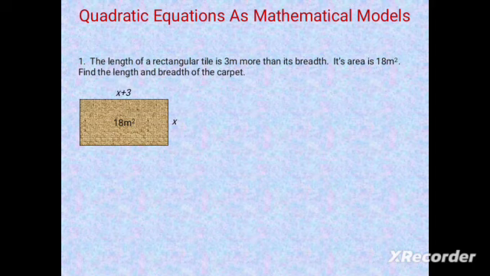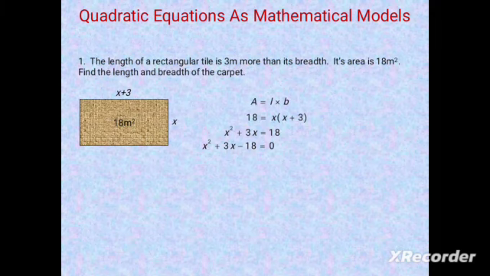If you simplify that out, you'll get a quadratic equation. That is x squared plus 3x equal to 18. And now from there we can form a quadratic equation, that is x squared plus 3x minus 18 equal to 0.